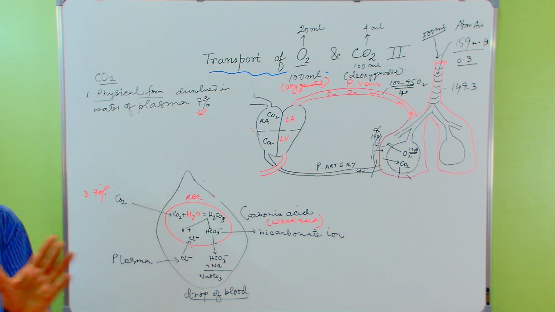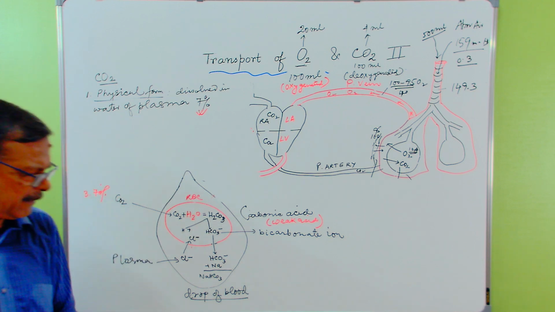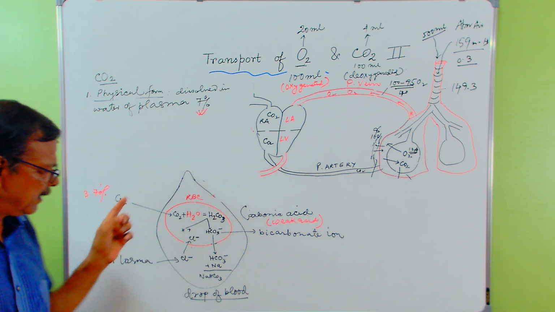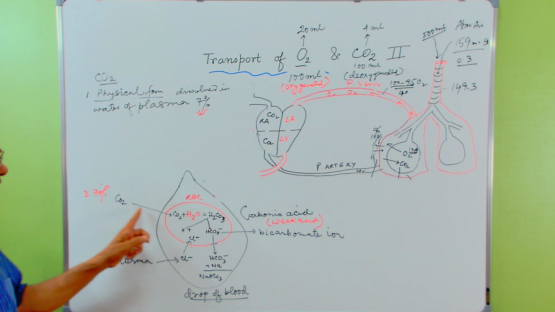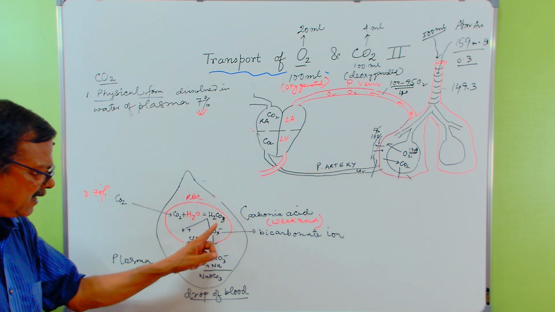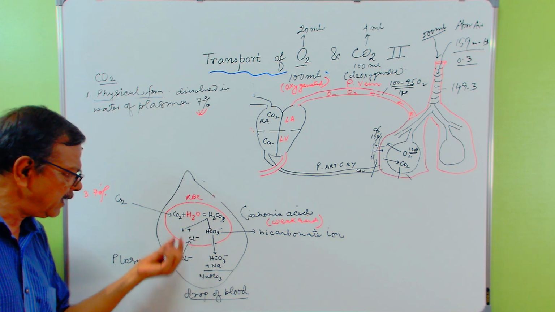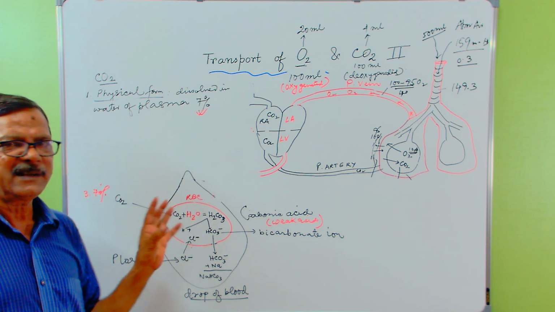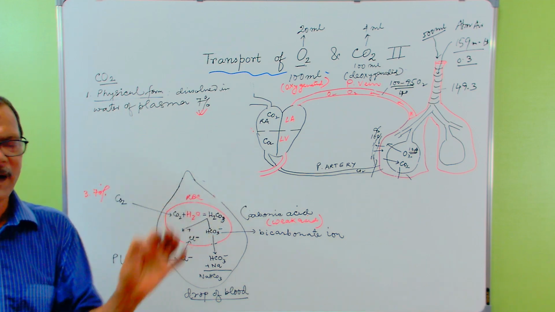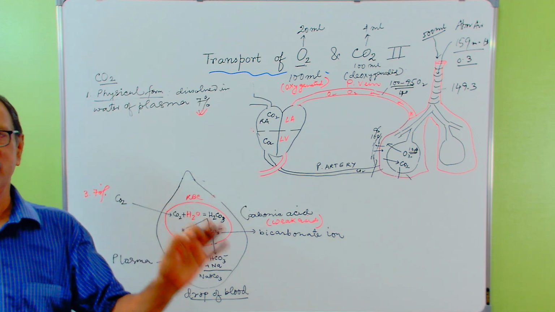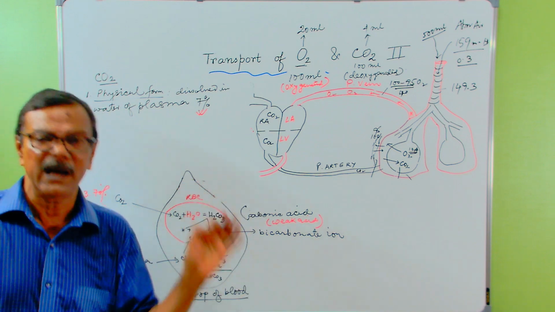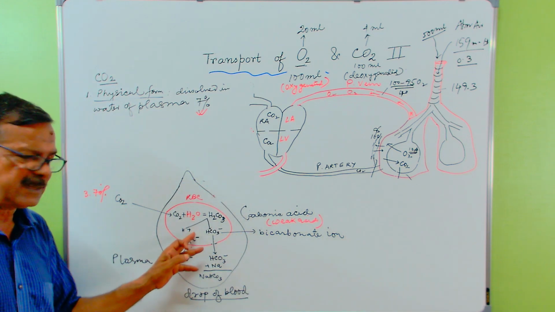Clear? This will come in your interview or in your exam, what is chloride shift. Right, from here, initially this weak acid dissociates, this goes out, and to counteract that, and to maintain the electrical neutrality of RBC, the Cl ion gets in.